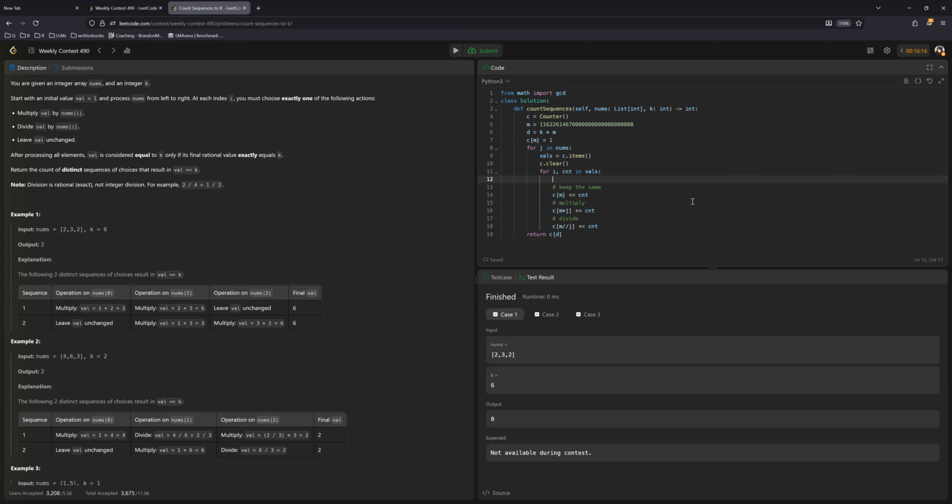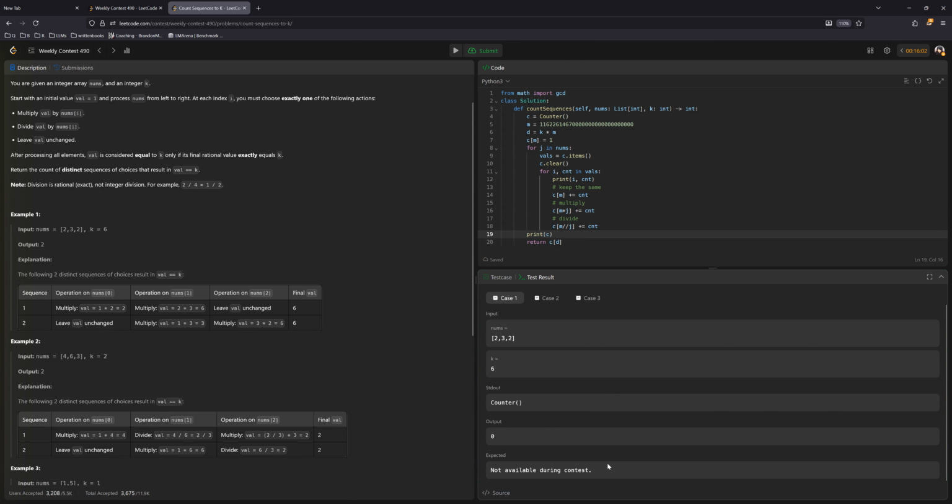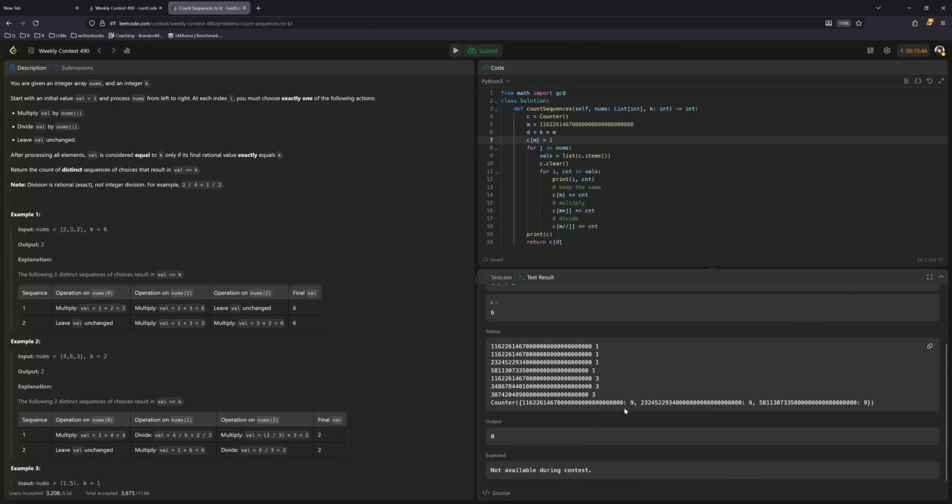All right, print I comma CNT. Print C. Empty counter. That's interesting.